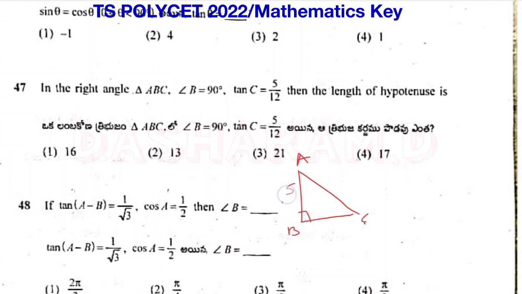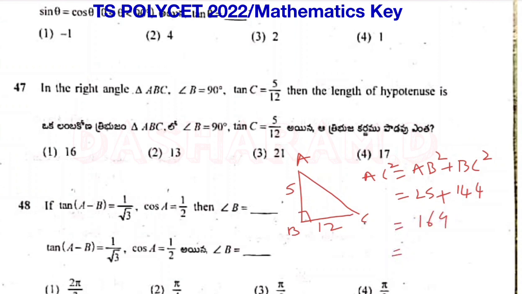Opposite side to C divided by adjacent side to C. Okay, what is the hypotenuse? So AC square equals AB square plus BC square. 5 square 25 and BC square, that is 12 square 144, so 169.